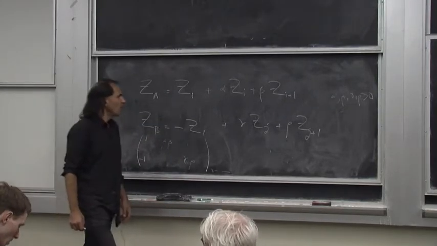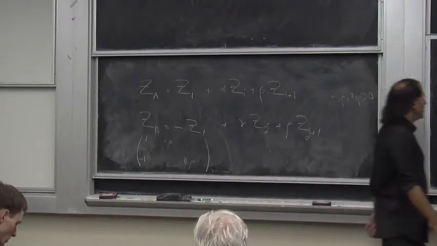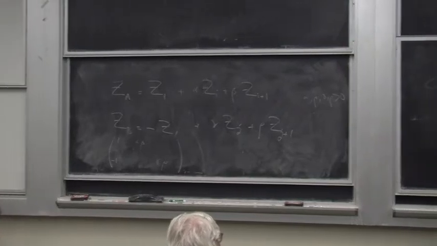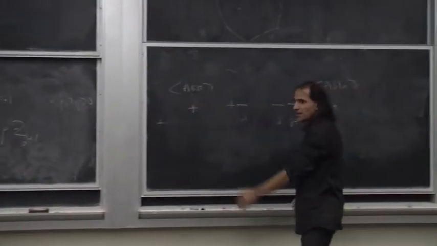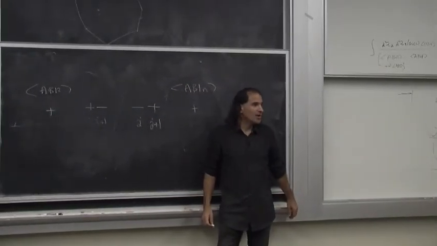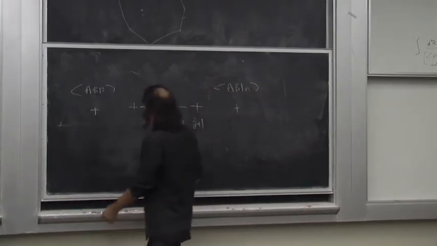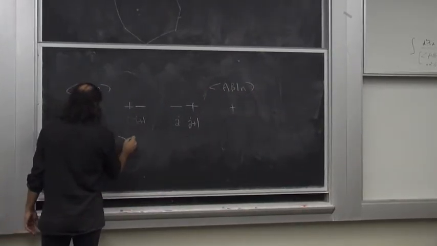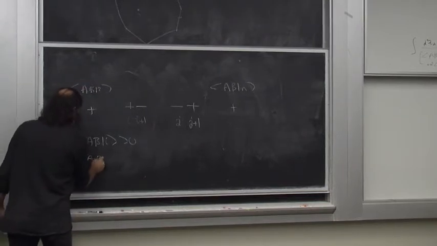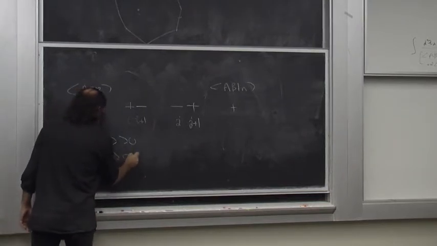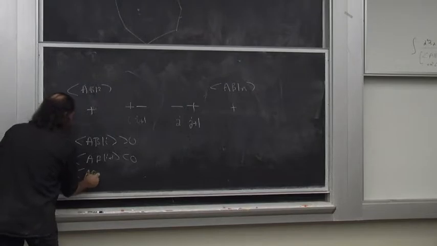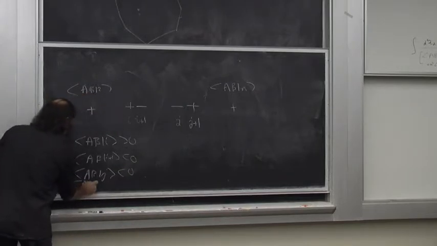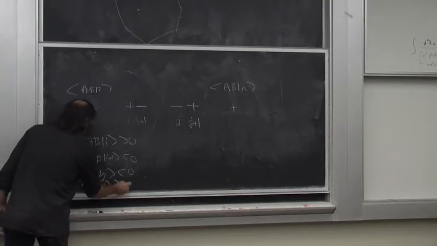What's very easy to check is that this sign pattern is exactly telling me AB1i is positive, AB1i plus 1 is negative, AB1j is negative, AB1j plus 1 is positive.